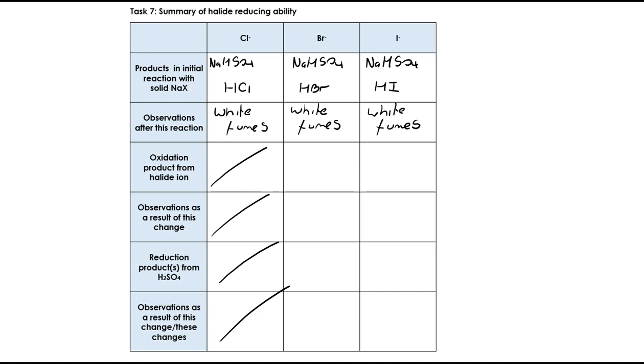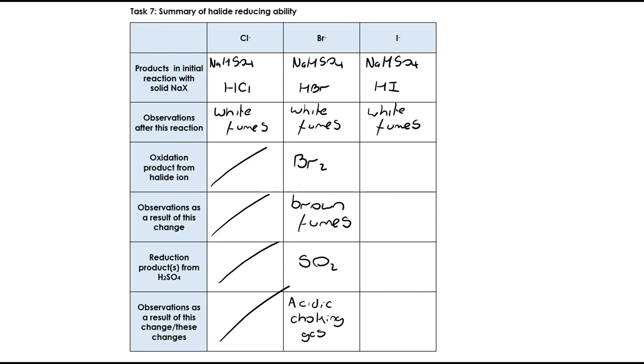We know that if I use bromide ions, it can reduce the sulfuric acid, which means we will make Br2. And we have to remember that Br2 will be observed as brown fumes. And we also have to remember that the sulfuric acid can be reduced to SO2.